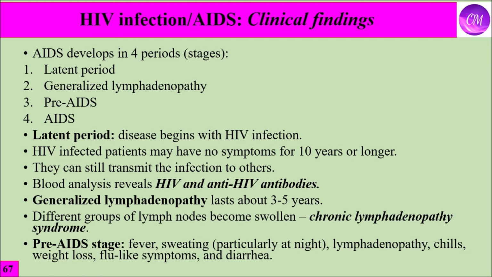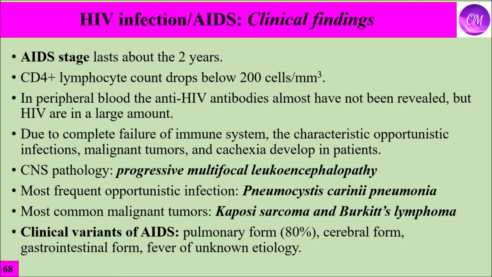Chronic lymphadenopathy syndrome. Pre-AIDS stage: fever, sweating, particularly at night, lymphadenopathy, chills, weight loss, flu-like symptoms, and diarrhea are included. And the final stage, AIDS stage, lasts about 2 years, and the T helper count drops below 200 cells per cubic millimeter.